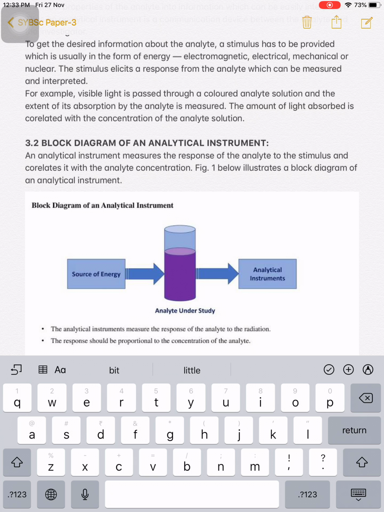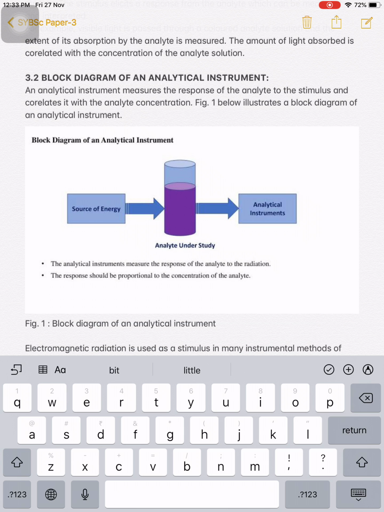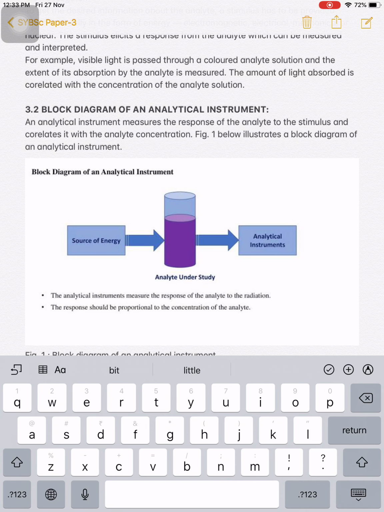For example, they have given an example here: visible light is passed through a colored analyte solution and the extent of its absorption by the analyte is measured. Suppose a colored solution is there. Now see this block diagram here. This is the colored solution and we are passing a source of light, and some amount of light is absorbed by that colored molecule or colored solution. So how much is absorbed is given by the instrument.